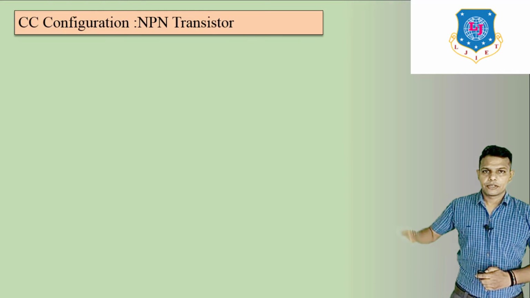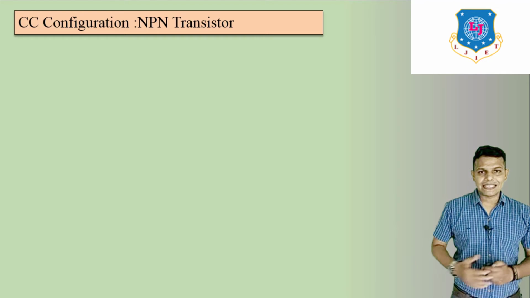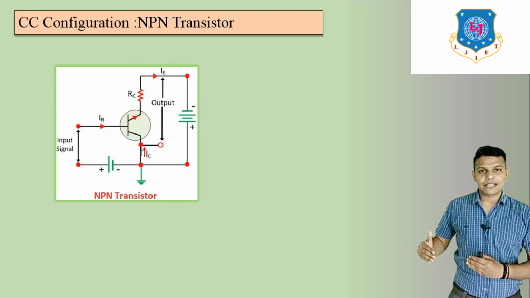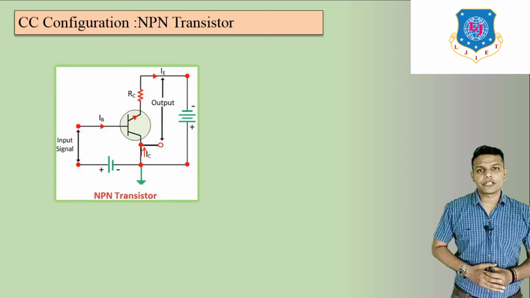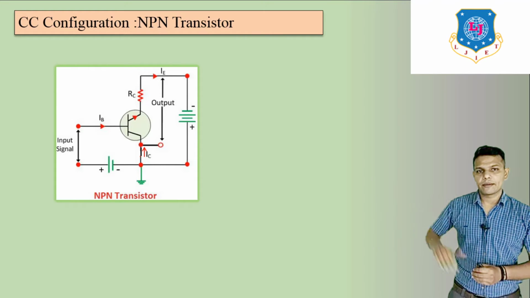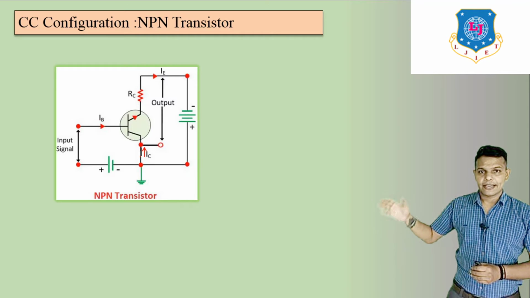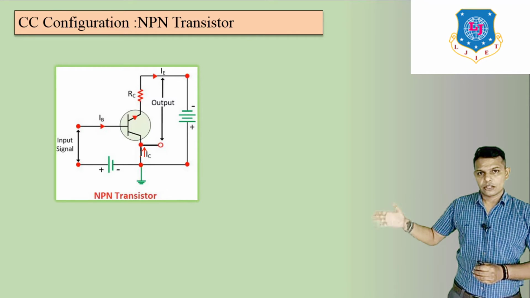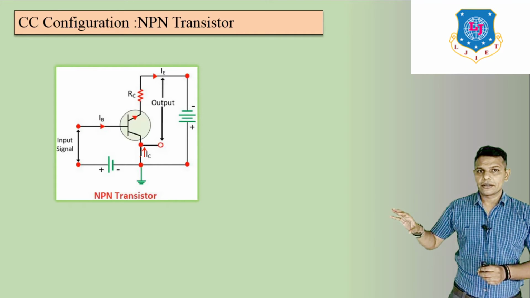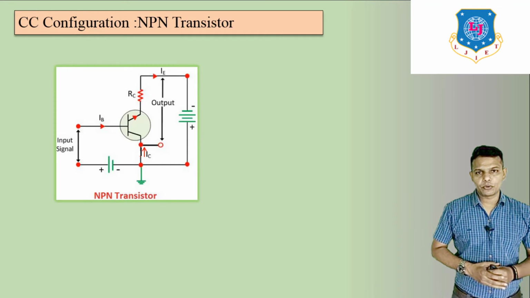So here let us discuss the CC configuration for an NPN transistor. Here we can see the CC configuration circuit diagram, that means common collector configuration. We take the collector terminal as common in this circuit diagram. Here we can see the collector terminal is grounded, or we can say taken common, and then the emitter and base terminals are free for input or output.